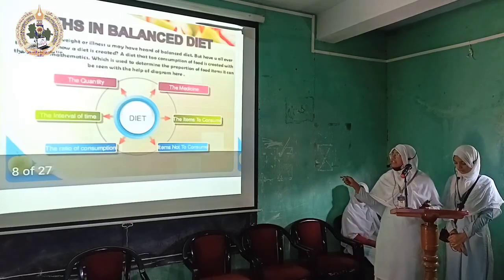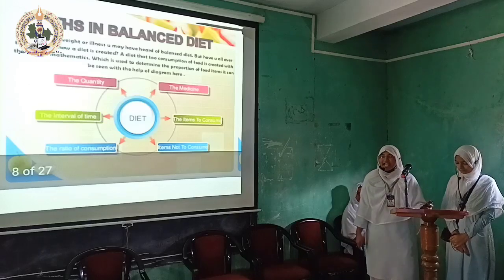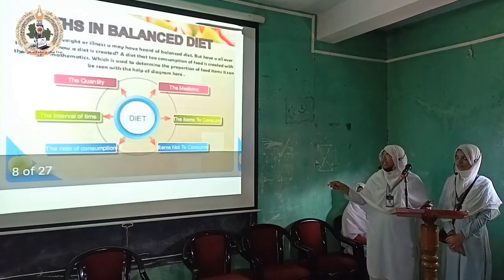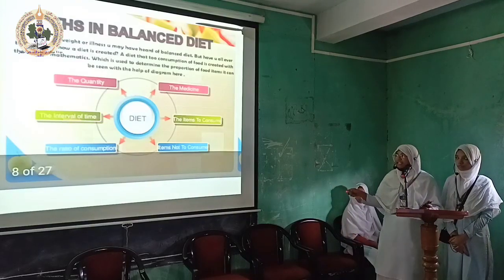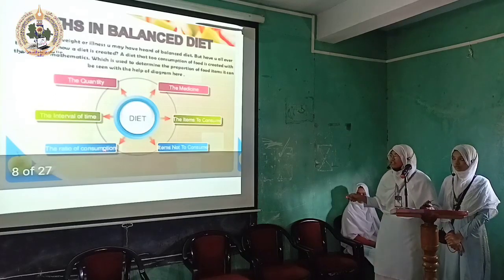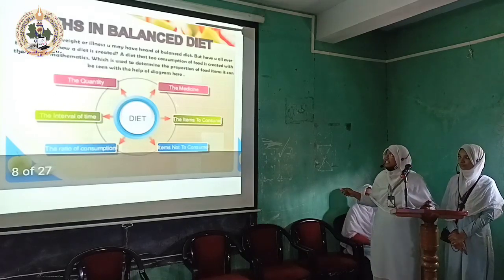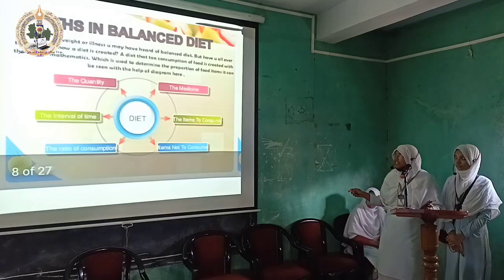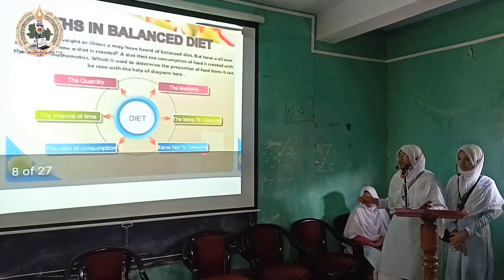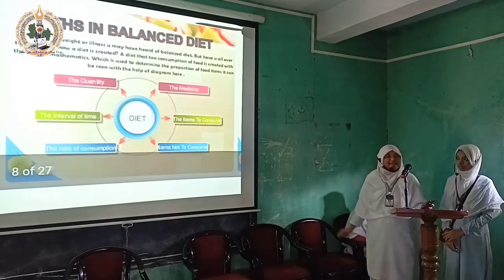It can be seen with the help of this diagram: the quantity, the interval of time, the ratio of consumption, the medicine, the items to consume, the items not to consume. These form a balanced diet.